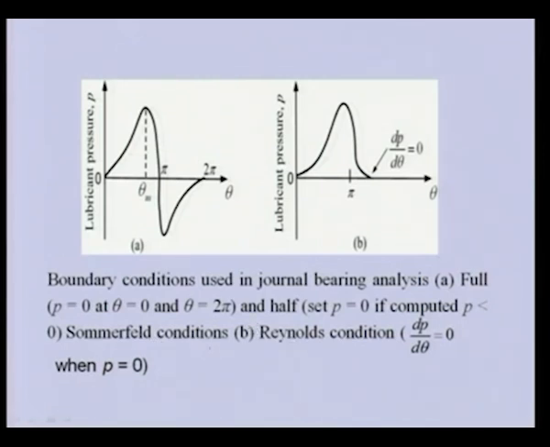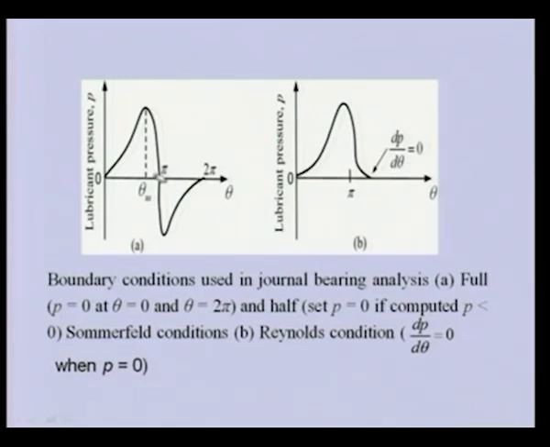Full Sommerfeld condition: this is the lubrication pressure and this is the circumferential direction. At 0, that means where the maximum thickness of the film is, the pressure is 0, this is the assumption, and when we go up to the other end, again it becomes 0, and in between, around pi, again the pressure is 0.